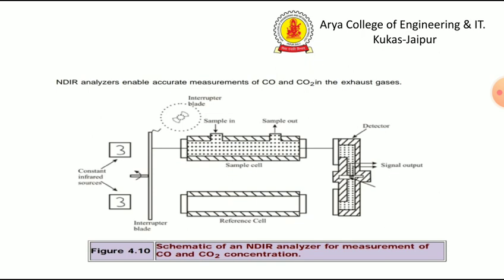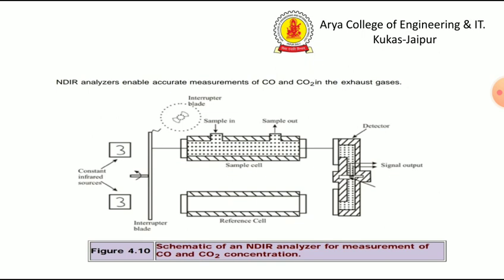The detector is divided into two compartments separated by a flexible diaphragm. One section receives transmitted infrared rays energy from the sample cell and the other from the reference cell. The detector is filled with the gas of interest so that the energy transmitted to the detector is fully absorbed.